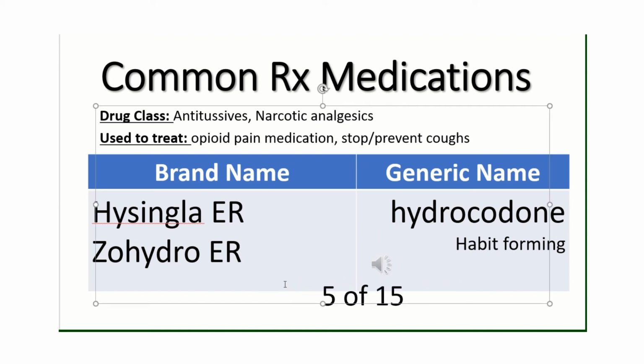Hysingla ER and Zohydro ER and hydrocodone are narcotic analgesics, antitussives. They are opioid pain medications, also used to stop and prevent coughs. They are also habit forming.